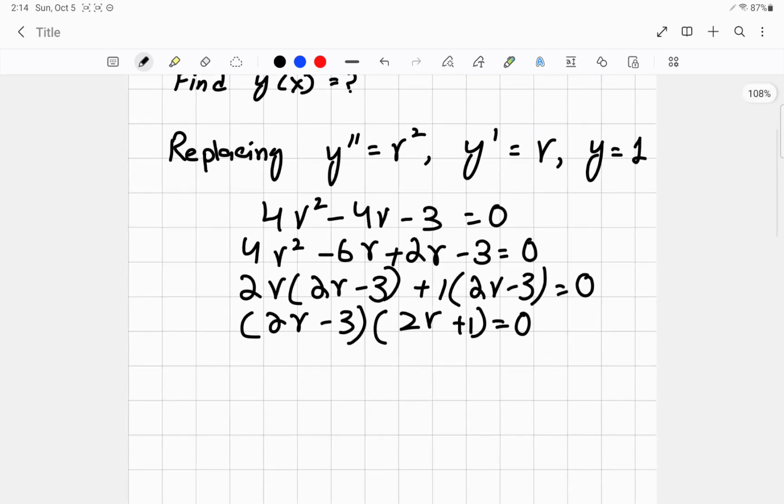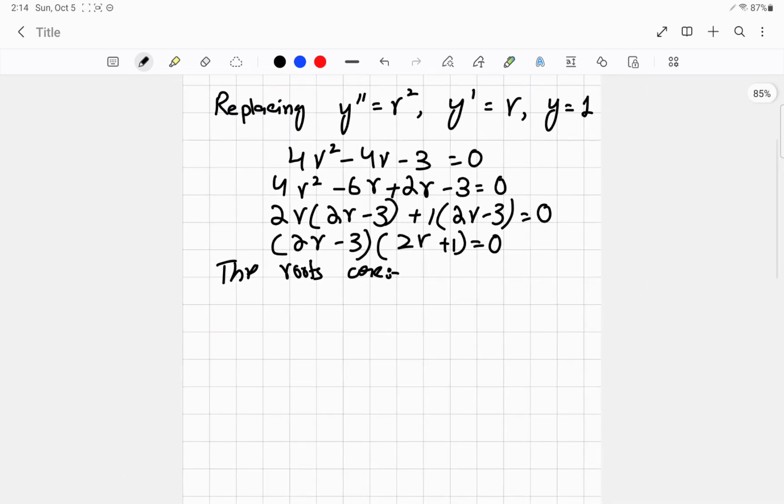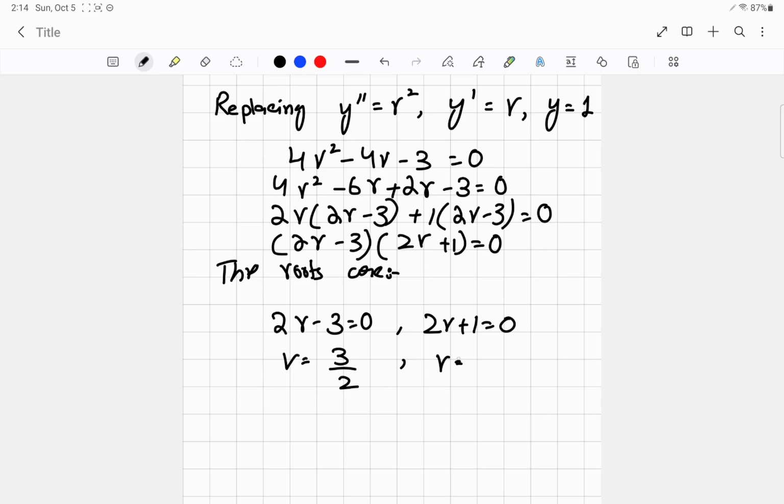So the roots are 2r minus 3 equals 0, and similarly 2r plus 1 equals 0. So from here it will become 3 by 2, and the second one will become negative 1 over 2.